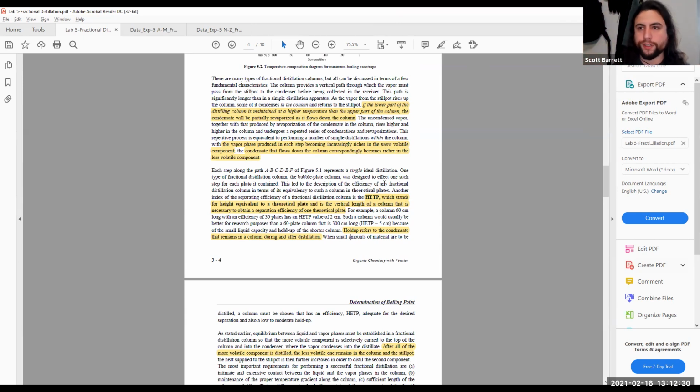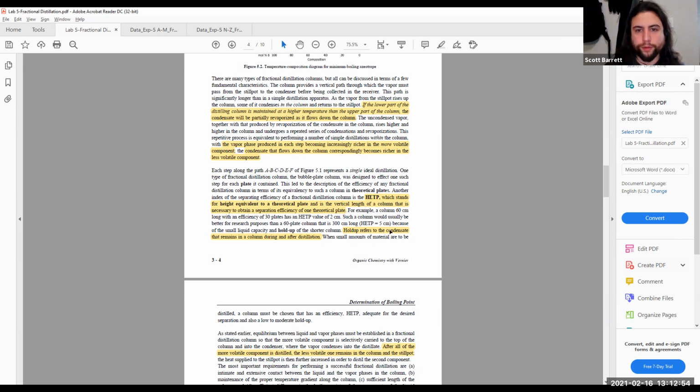In the sense that we're using a smaller column with an HETP value of 2 centimeters, it would be helpful to have a smaller HETP value for separation, since we have such small amounts and want a smaller separation.